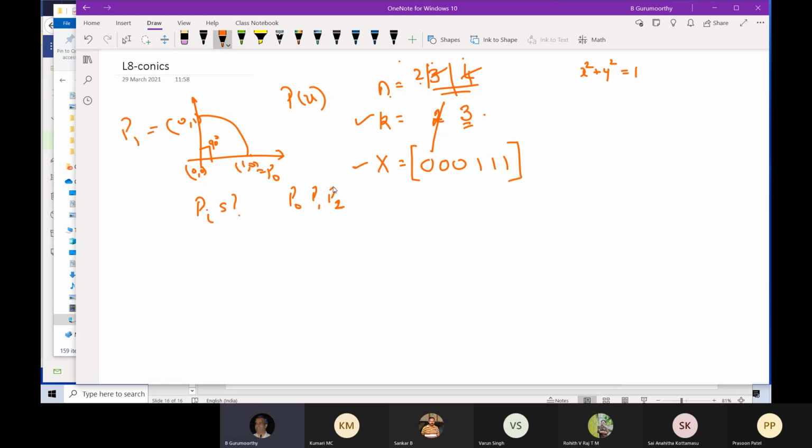So the only question mark that is there now is on P1, right? So what should P1 be? What do we know about P1 now? What we know about P1 is from the properties of the spline, of the Bezier, right?